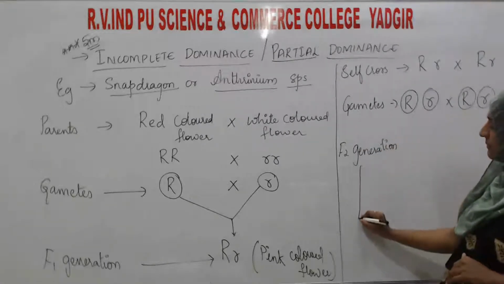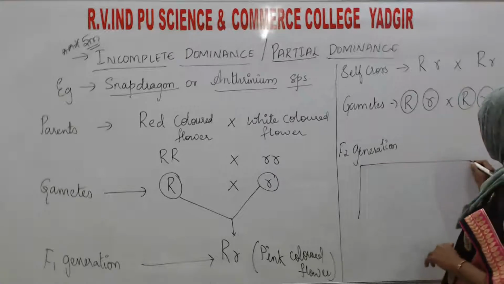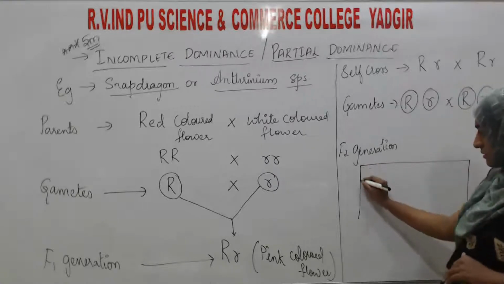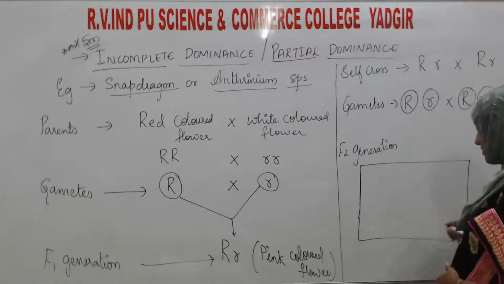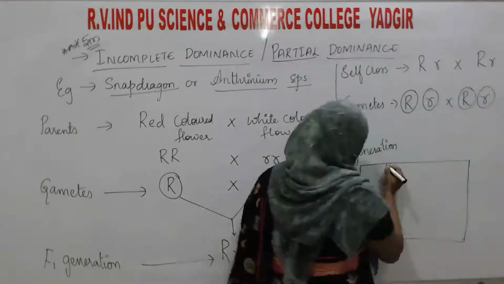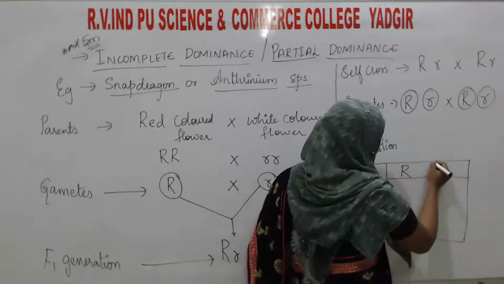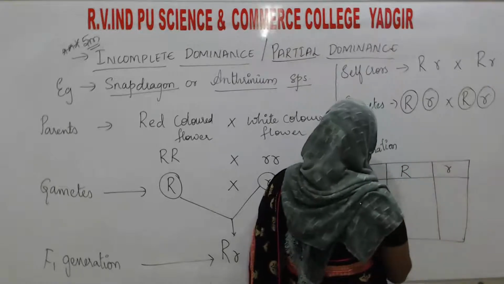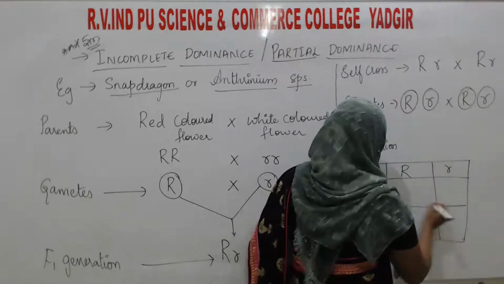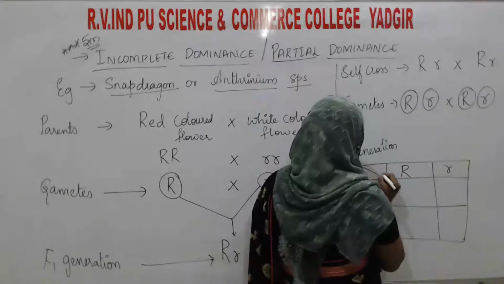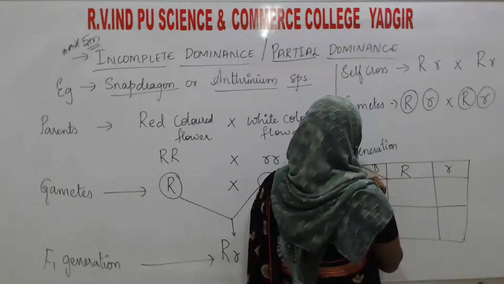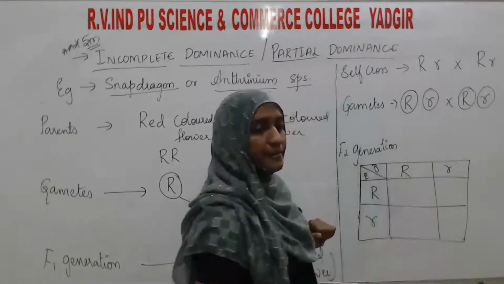Here you see capital R, small r, capital R, small r. This is the male and this is the female.